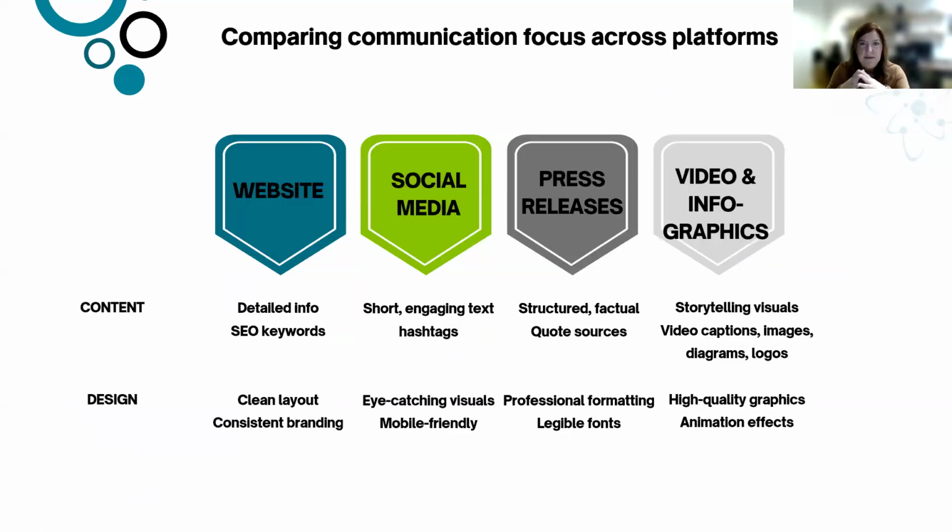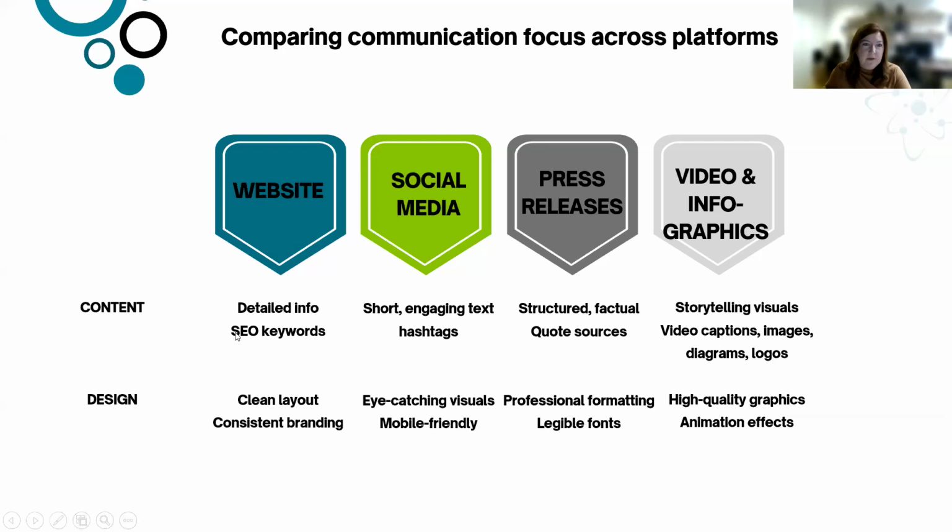If we have a look more into detail into these 4 channels, you can see they are quite different from each other, in content and in design. So websites, which will be more described later on in Bob's talk, include detailed info.